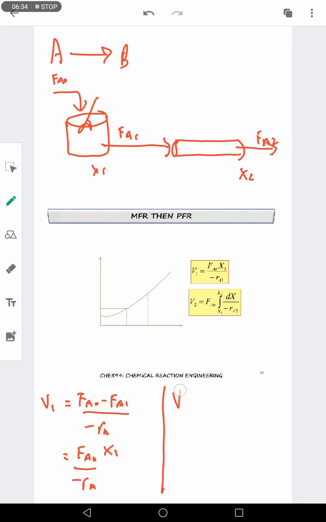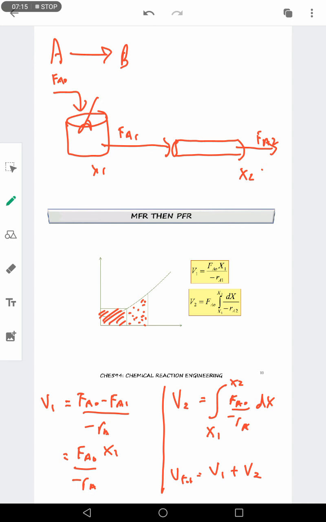So untuk PFR, second reactor, bermaksud calculation dia, sebab X1 kepada X2 kan, so FA0 over negative RA dX. So ini adalah calculation untuk CSTR as the first reactor. So yang ini adalah PFR, which is under the curve. So V total adalah V1 plus V2.